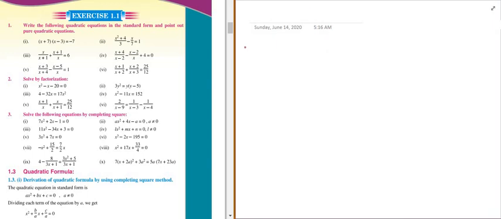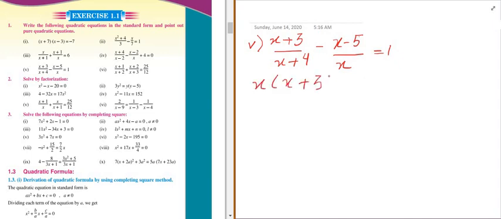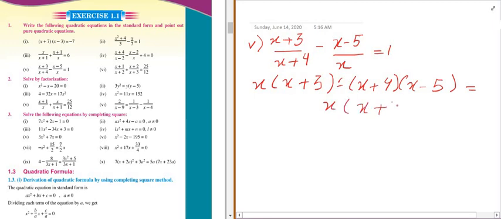Okay. Fifth, x plus 3 divided by x plus 4 minus x minus 5 divided by x equals to 1. Take LCM on both sides. We get x into x plus 3 minus x plus 4 into x minus 5 equals to x into x plus 4. Now solve this equation.